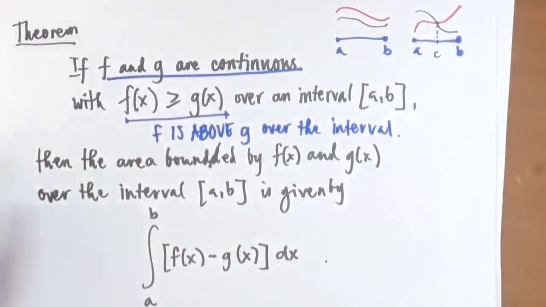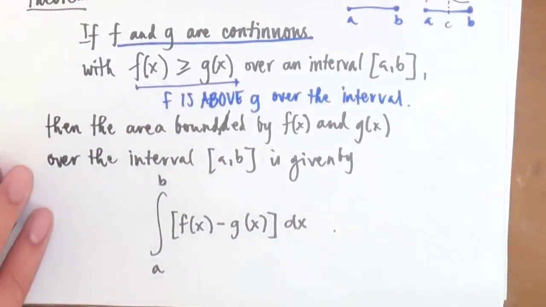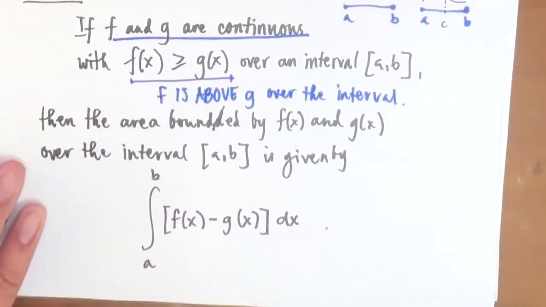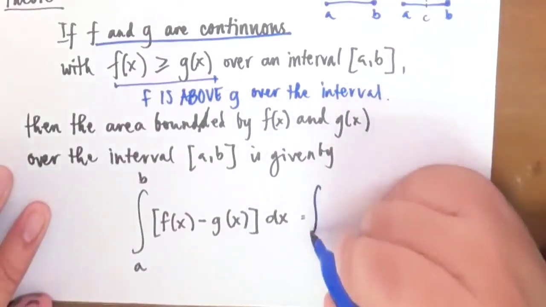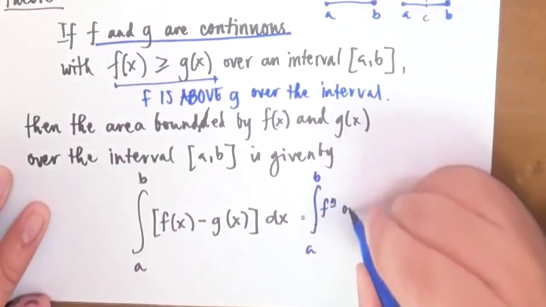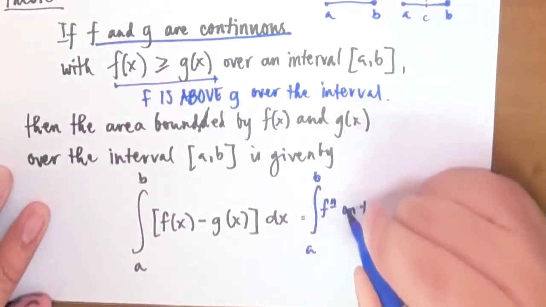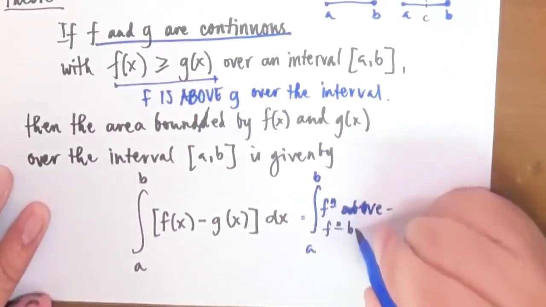Okay? All right. Then the area bounded by f of x and g of x over the interval AB is given by the integral of f of x minus g of x from a to b. Or, in other terms, the integral over AB of the function above minus the function below.